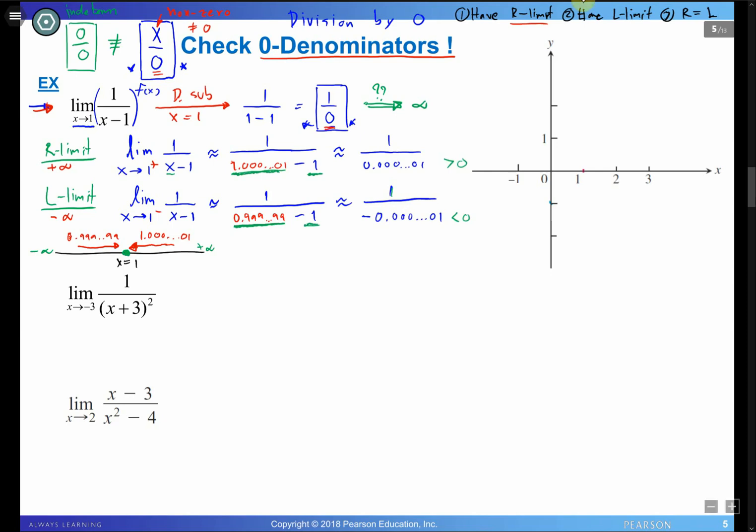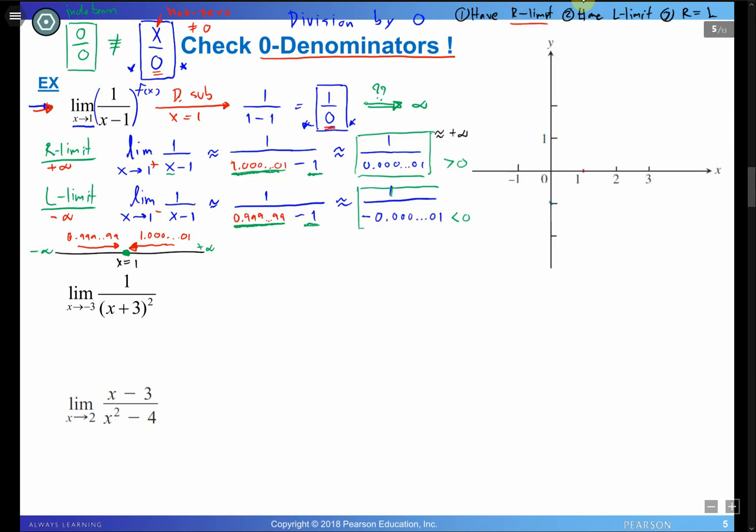Up here with the right-hand limit, we have this term, 1 over 0.00001, and this is going to be about the same as positive infinity, 1 over a really small number, and that number is positive.